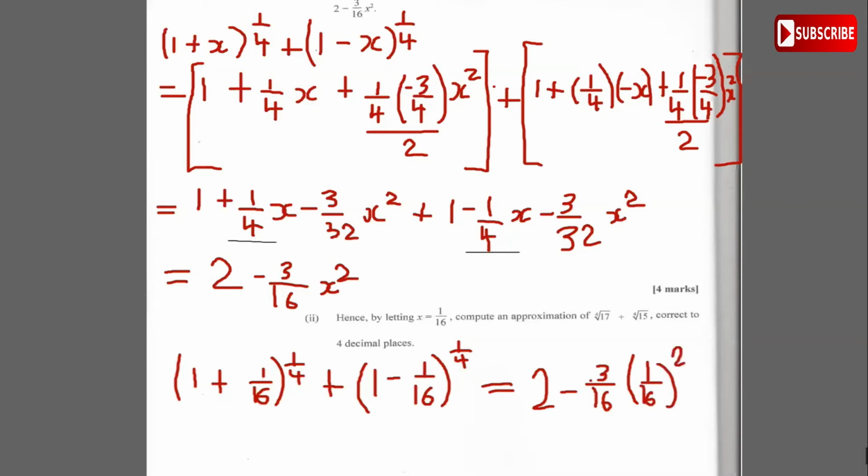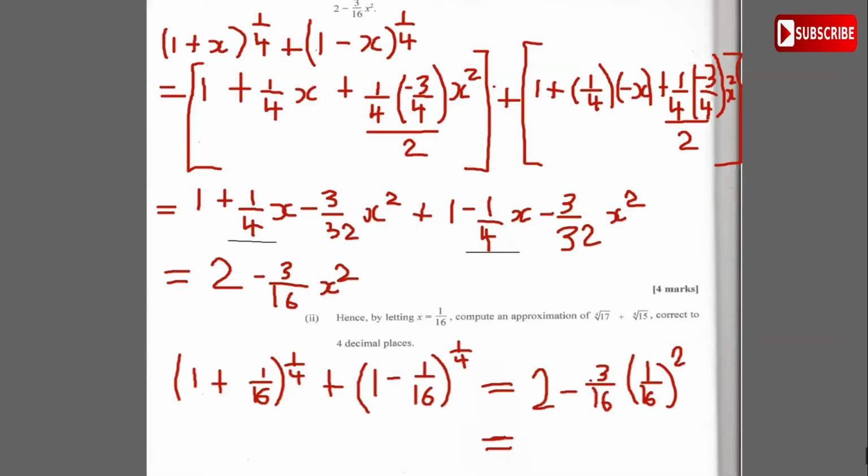And so when you do that, expanding that right hand side, what we're going to get is 2 minus 3 over 16 times 1 over 16 squared.